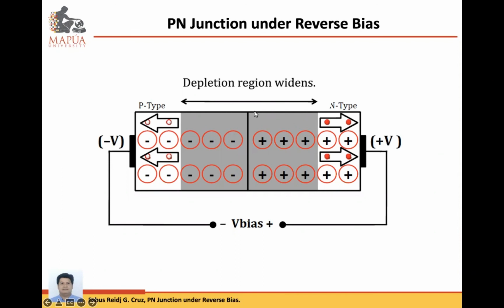So the area without the charge carriers becomes larger. And since the depletion region widens, the internal resistance of the p-n junction in reverse bias also increases. So the internal resistance of the reverse bias junction becomes very, very high. Okay?